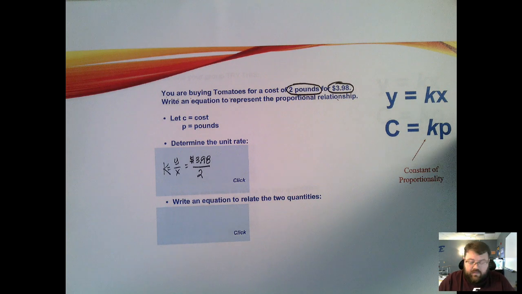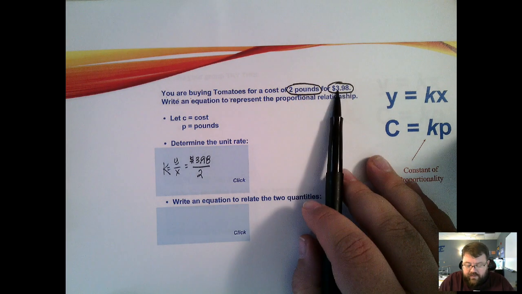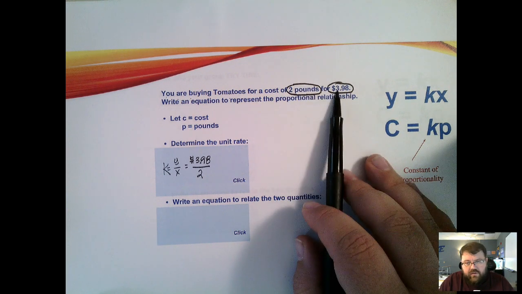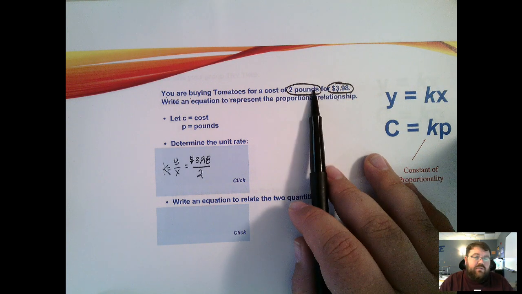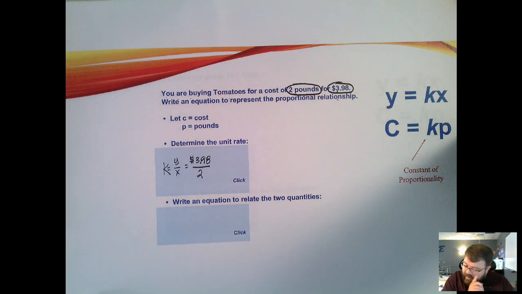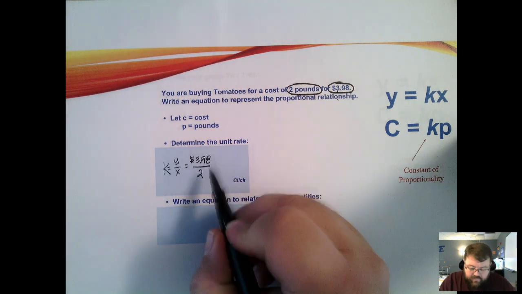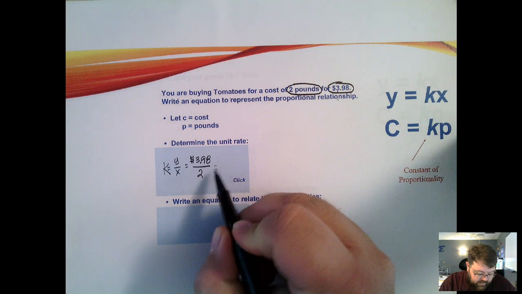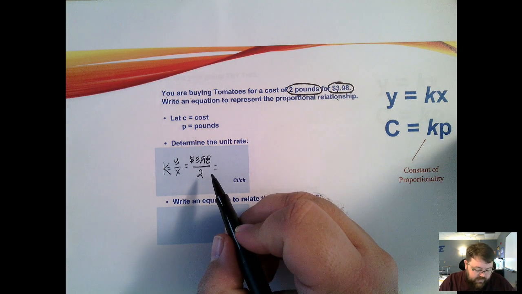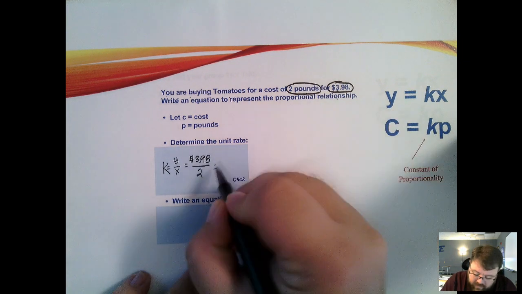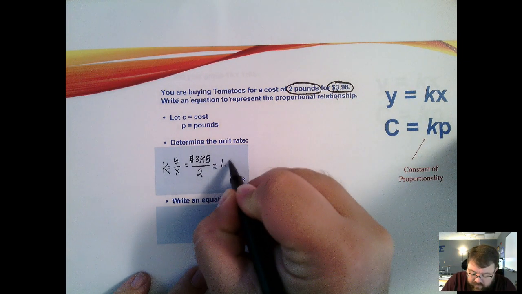I know that because Y depends on X. So the amount they're charging me depends on how many pounds of tomatoes I buy. So I have $3.98 divided by 2. That's going to give me your unit rate or your constant, and you have $1.99.